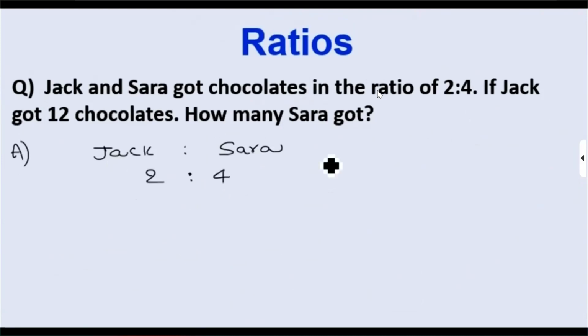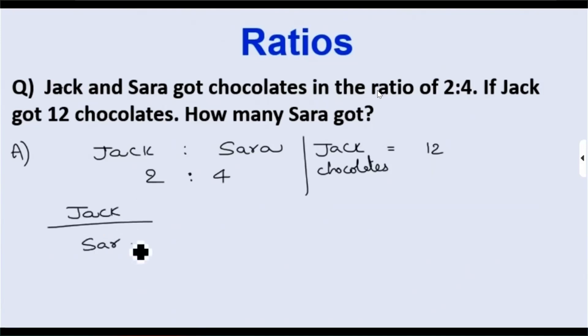Now Jack has 12 chocolates, and we assume Sarah's chocolates to be x. So Jack upon Sarah is 2 upon 4, which equals 12 upon x. We don't know Sarah's, so we write x here. We need to find it out.